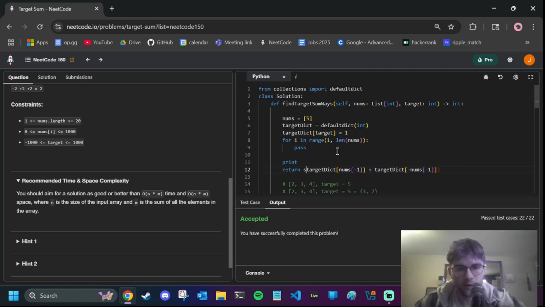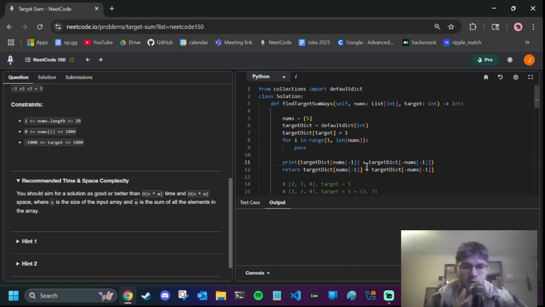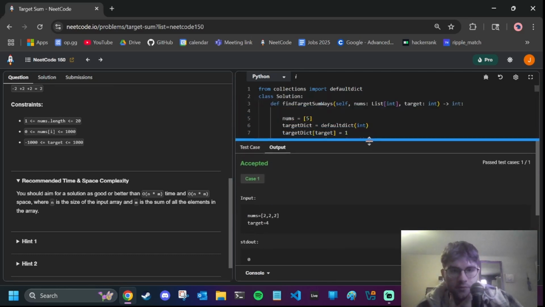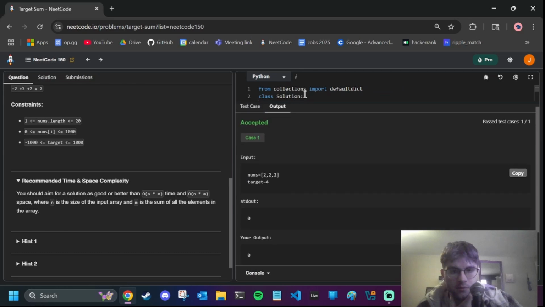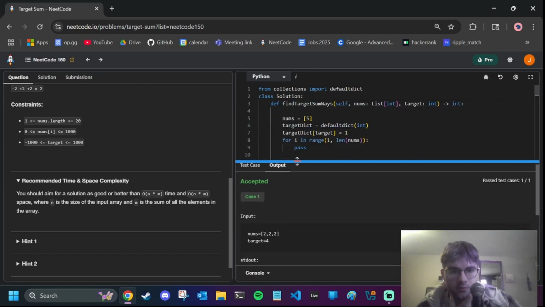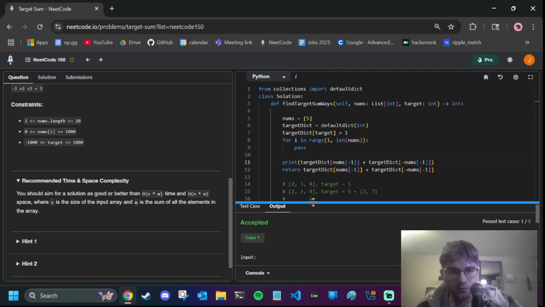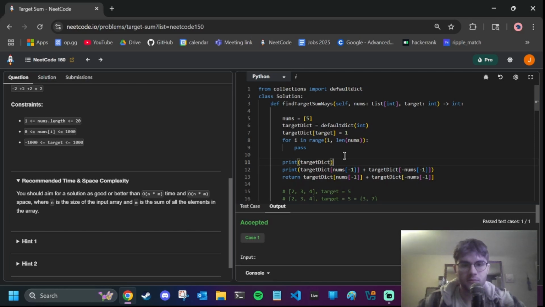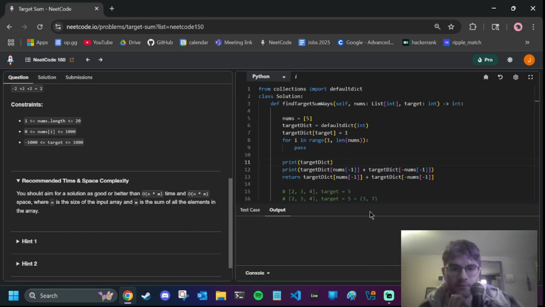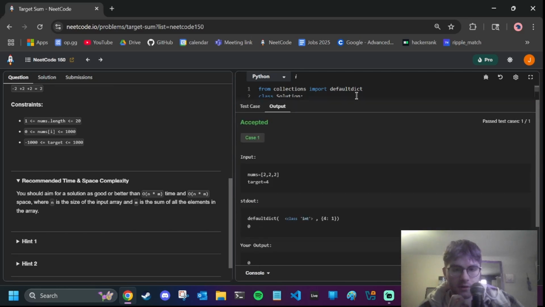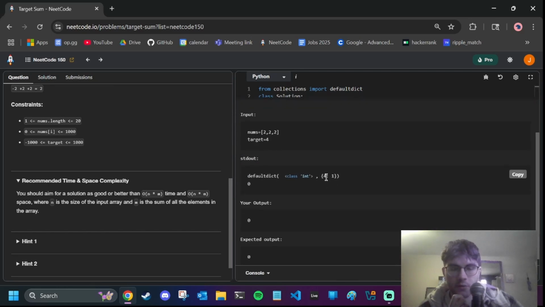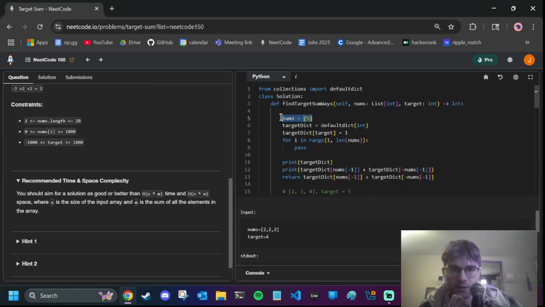And we don't need sum, we can just use the... So target dict is a default dictionary, and it says 4 is 1. But I wanted to change nums to be 5. I guess I can do that.